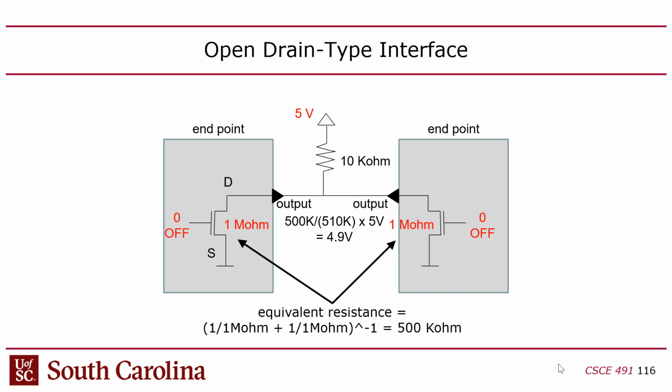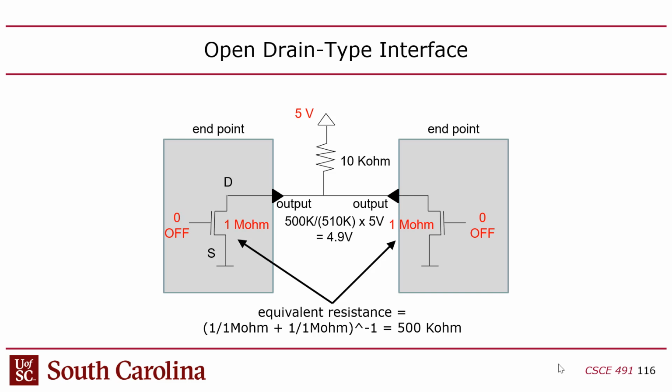So if you have 2 of these on this wire, the effective resistance of 2 parallel 1 mega ohm resistors is 500 kilo ohms, which is pretty high compared to the 10 kilo ohm on the upside, right? So basically you have 10 kilo ohms connected to a net, and then below that net you have effectively a 500 kilo ohm resistor to ground, which creates a voltage divider.